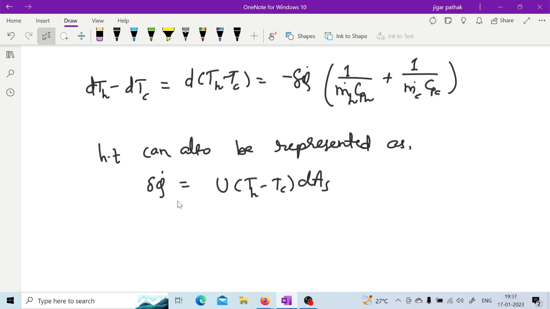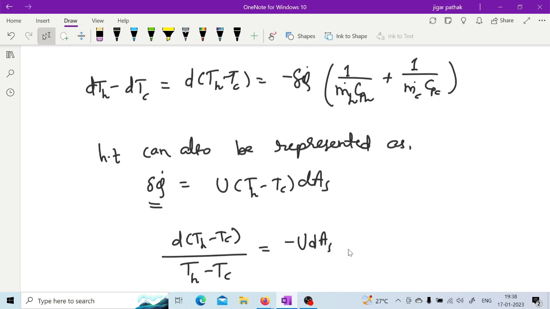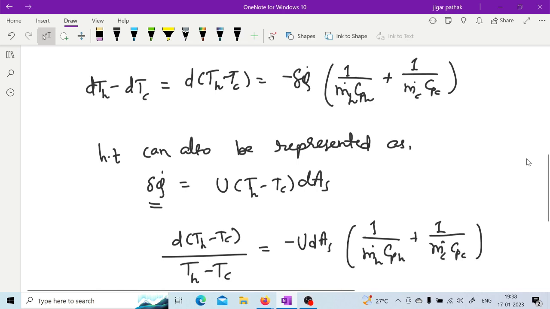If you put this value of delta Q into the above equation, you get d(Th minus Tc) upon (Th minus Tc) equal to minus U dAs times (1 upon mh cph plus 1 upon mc cpc). So this is how you get this equation.